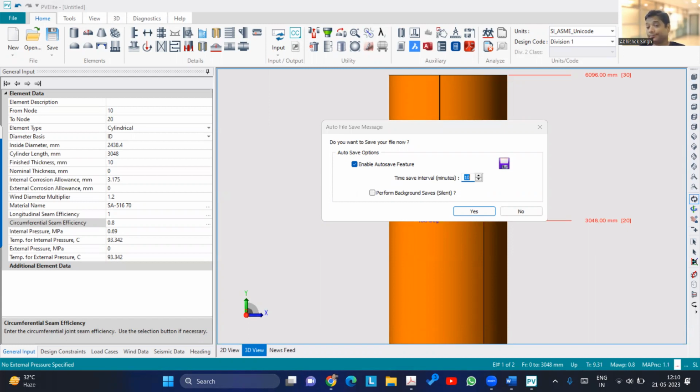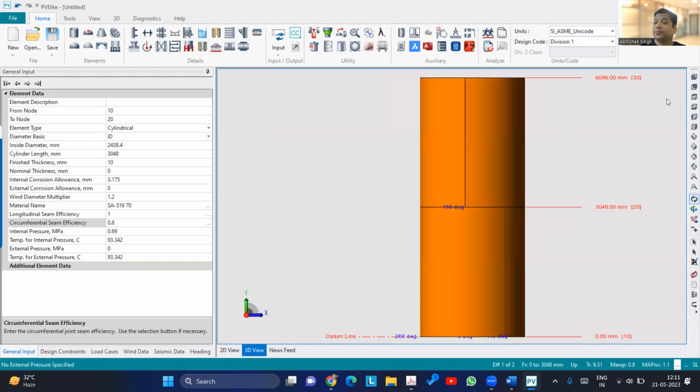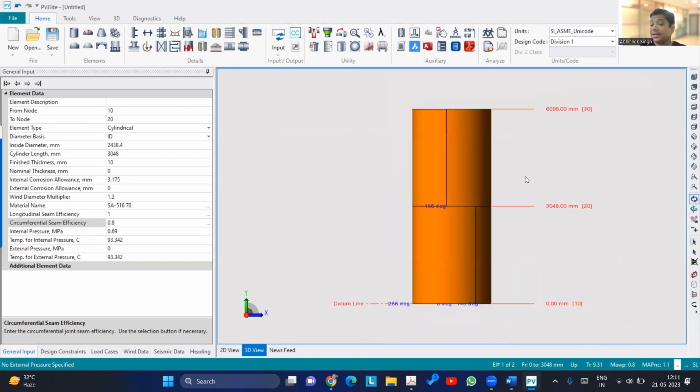So, see, the requirement is only for the weld joint. It's not for the complete vessel, Akash. And if you are able to do the PWHT only to all the seams individually, it is good enough. Like many times we do, see, that is not that easy.